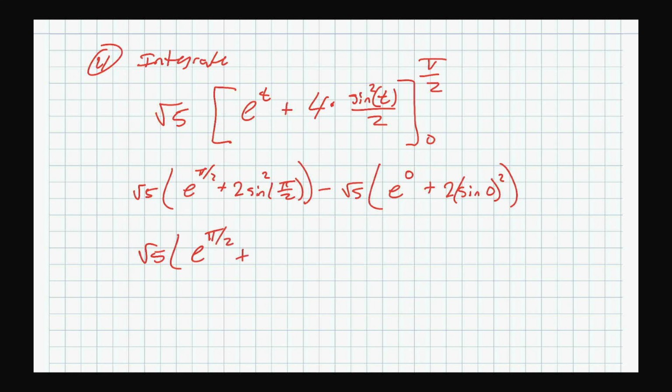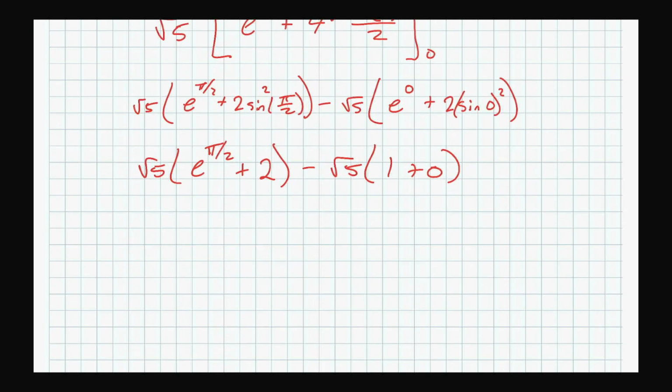Sine of pi over 2 is going to be 1. Minus root 5, 1 plus 0. So overall, what do we get? We end up with root 5 times e to the pi over 2 plus 2 minus 1, so plus 1. And that is your mass of the wire.